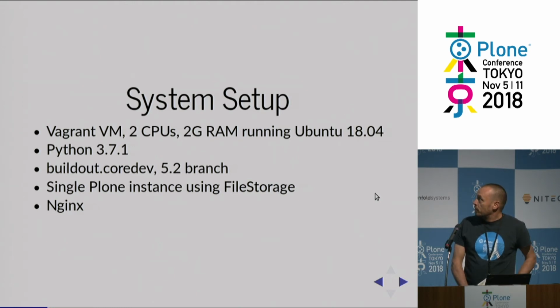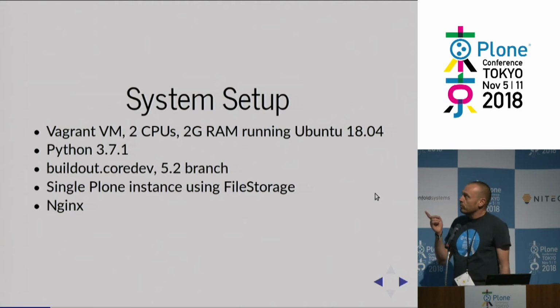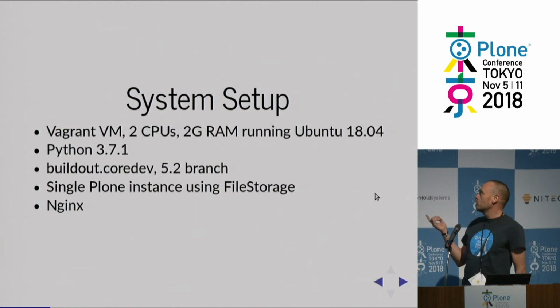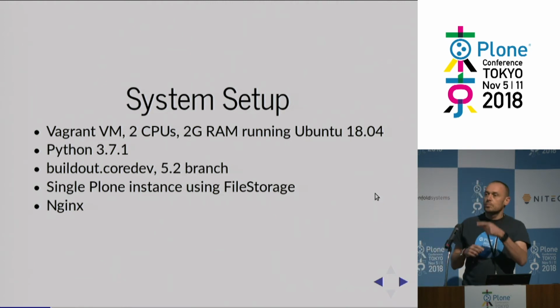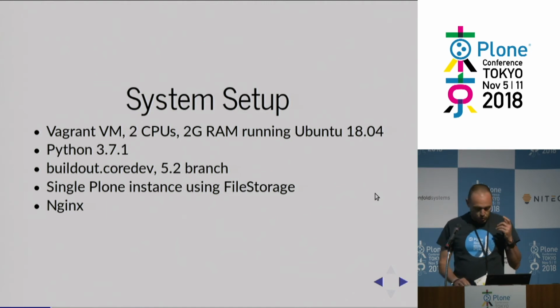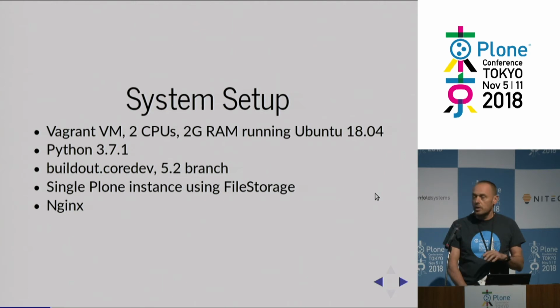I prepared a Vagrant VM with 2 CPUs, 2 gigs of RAM, running on current Ubuntu Bionic. I installed Python 3.7.1 with pyenv, and then a buildout coredev on the 5.2 branch that has just been released. And I was running a single Plone instance using file storage, so no ZEO, of course, and Nginx in front of it.